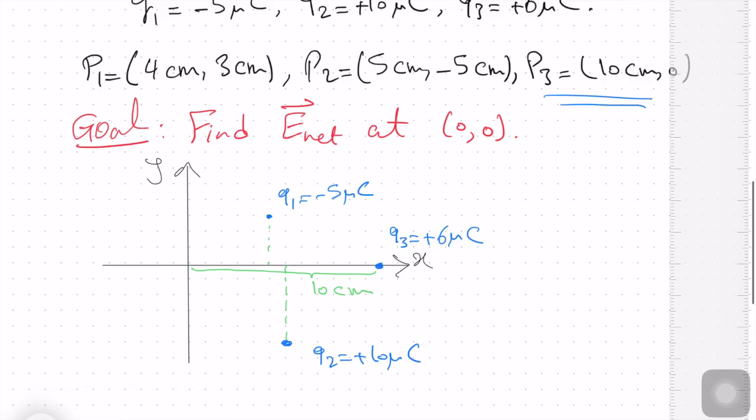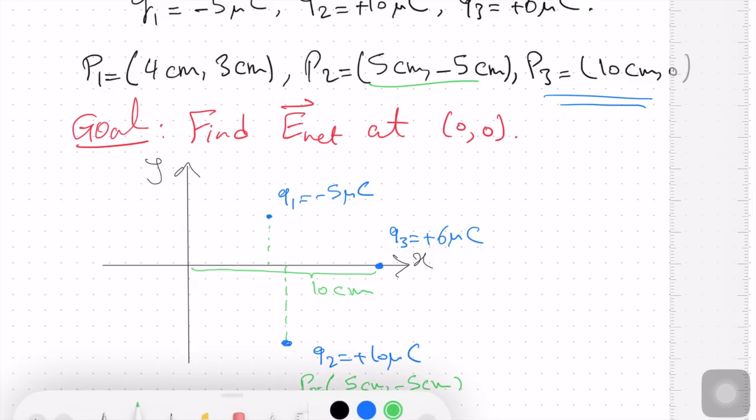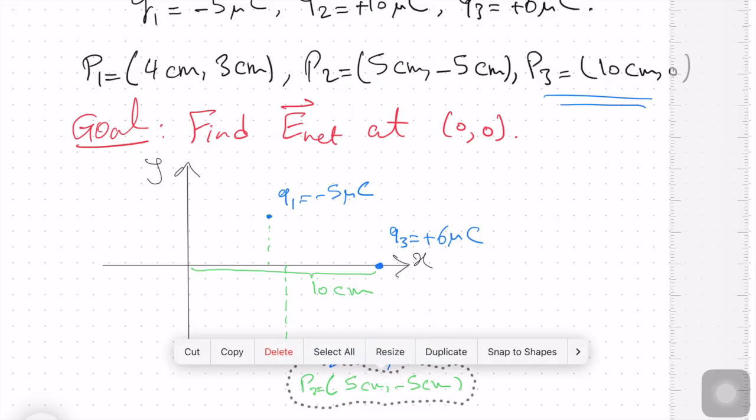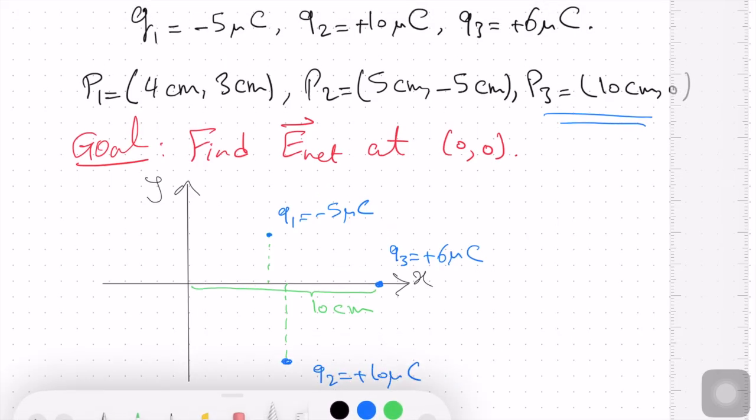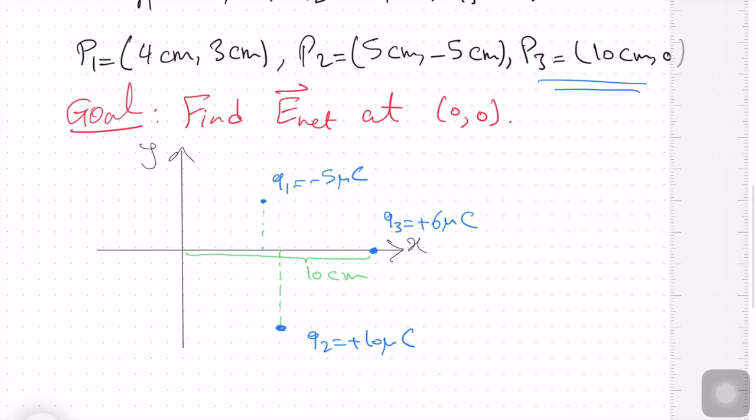Now let me draw the coordinates for all of these. One way to do this is you could just say that P2 is equal to 5 centimeter, minus 5 centimeter. Or, since that information was already written here, if it's clear, you could just show it geometrically, because that's at the end what you're looking for.